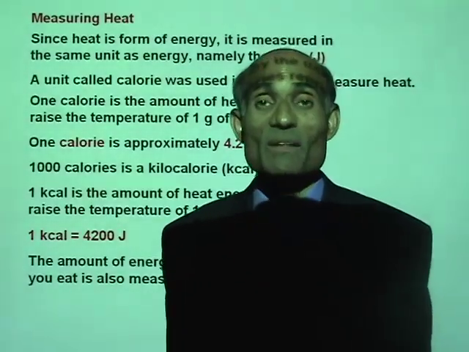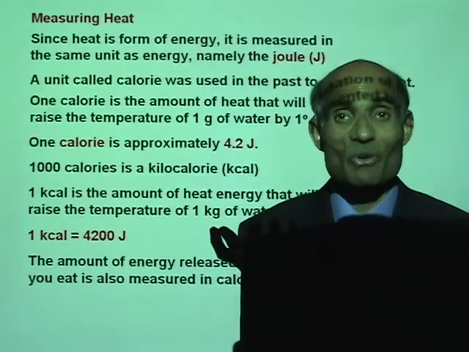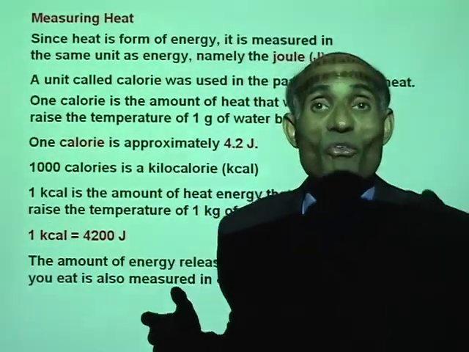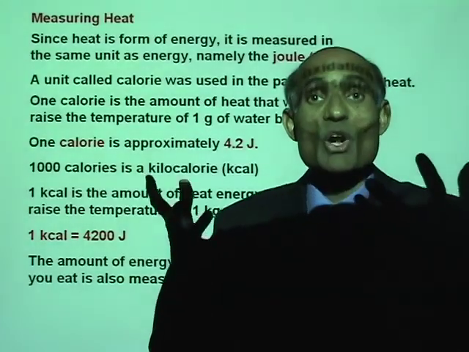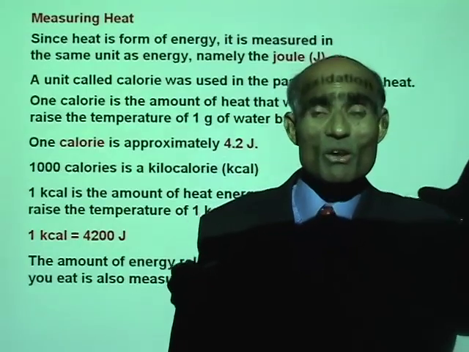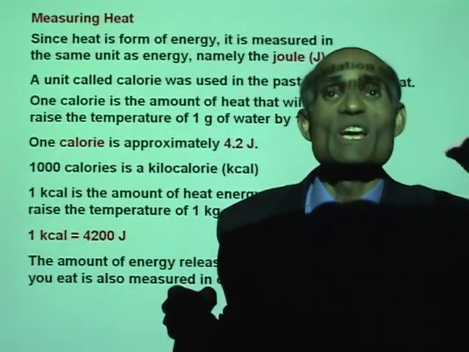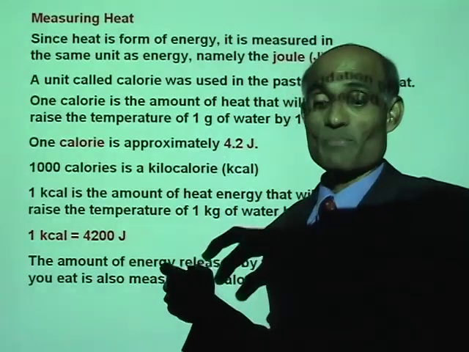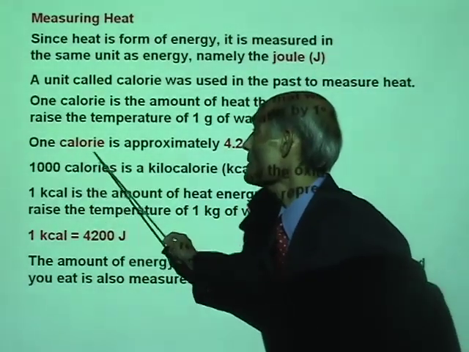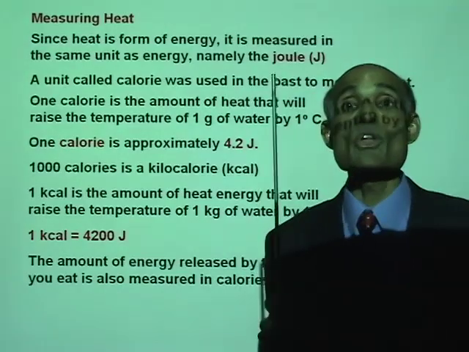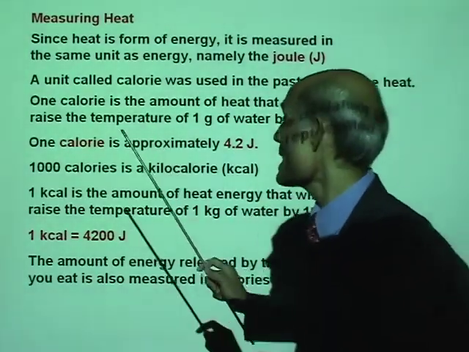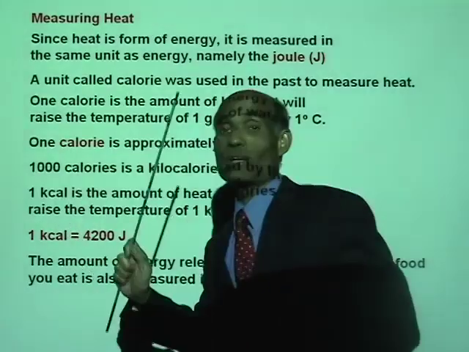Now, the amount of energy released by the oxidation of the food you eat is also measured in calories. You see, there is something called food calories. I'm sure everybody knows that, because if you look at a food label, it is all given in calories. Alright, you look at your breakfast cereal, it says 1 serving is 60 calories. Now, is that calorie the same as this calorie? Well, no. 1 food calorie is the same as a kilocalorie.